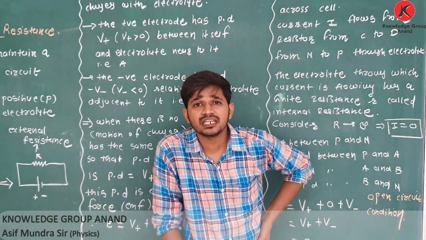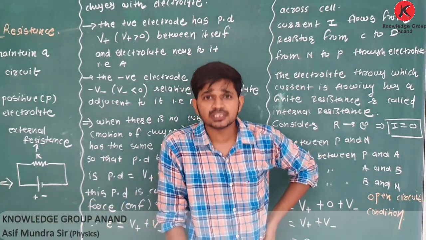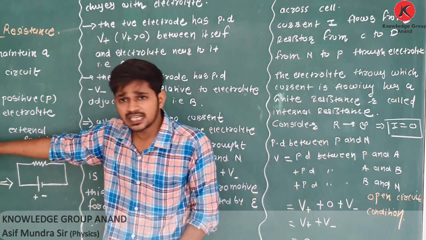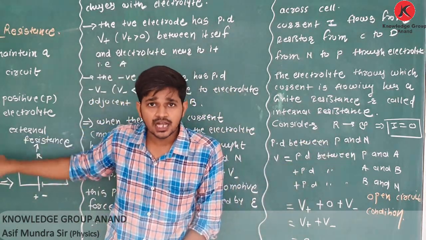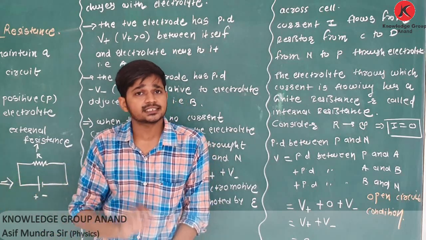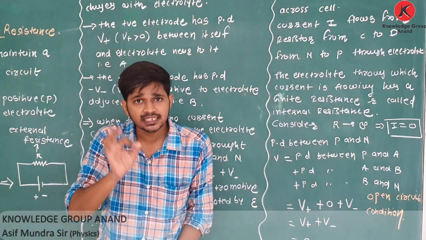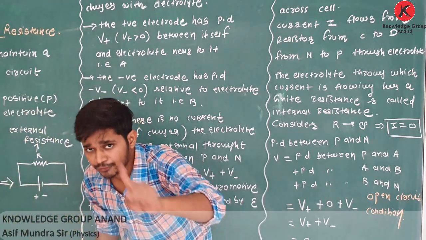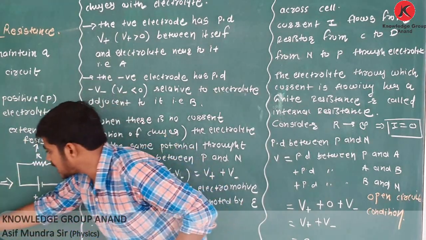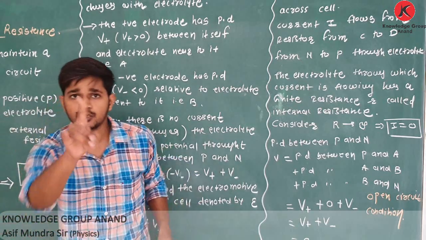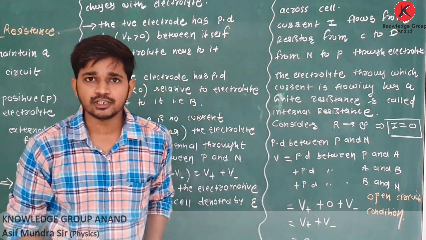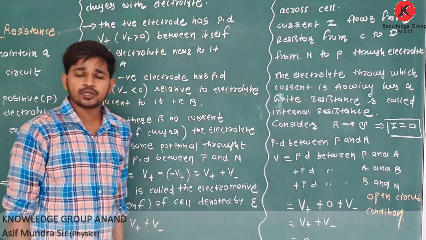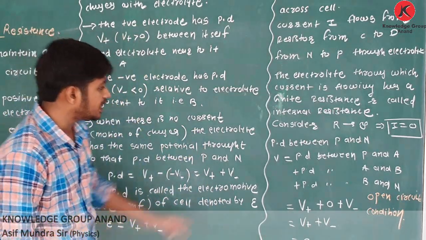Current flowing through resistor from C to D is 0, and current flowing through the electrolyte from N to P is also 0. Clear about this?